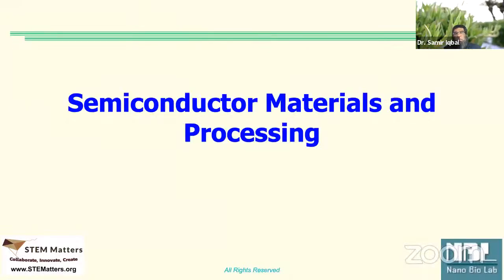We'll study today semiconductor materials and processing. When we talk about semiconductor material, we can take silicon and learn about silicon, because when you look at devices, the majority of electronic devices are made of silicon. And when we talk about silicon processing, almost all of the semiconductor materials get the same or similar processing.